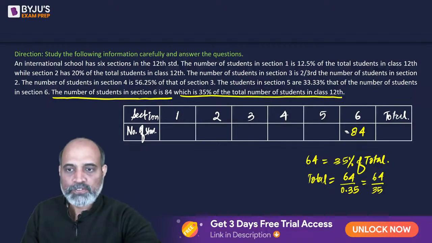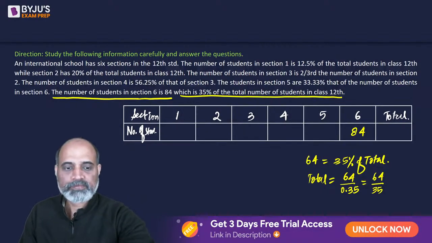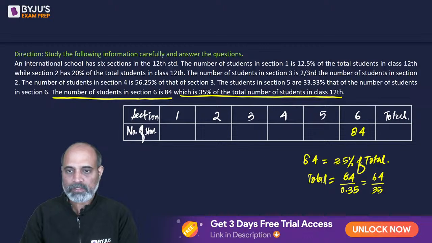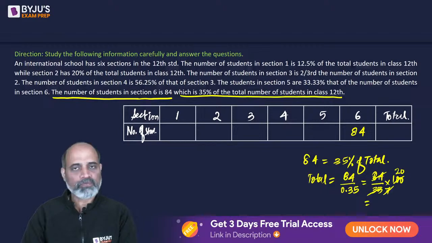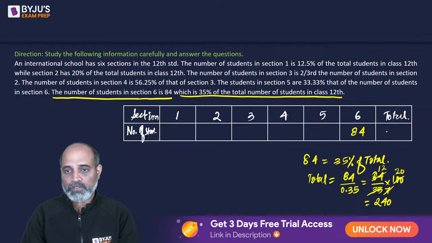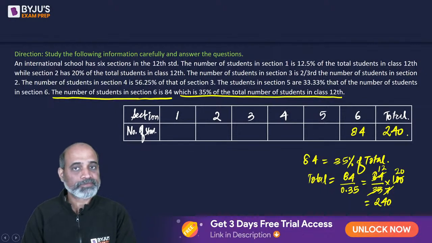Sorry, it's not 64, it's 84. So 84 into 100 by 35. 5 will go, we'll be left with 7 and we will have 20 here, and this 7 will go into 84, and it's going to be 12. So 12 into 20 is 240, right? So the total number of students we have is 240.